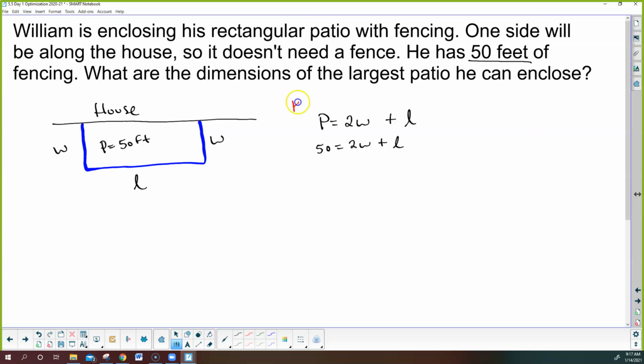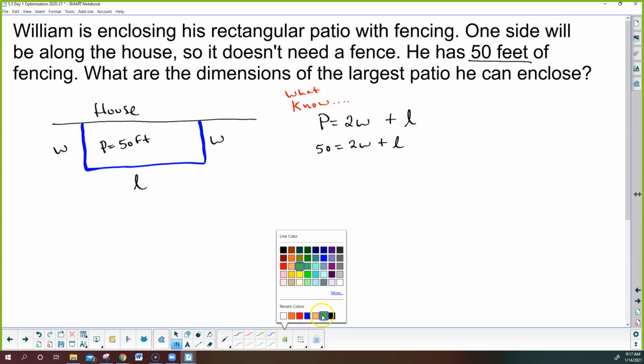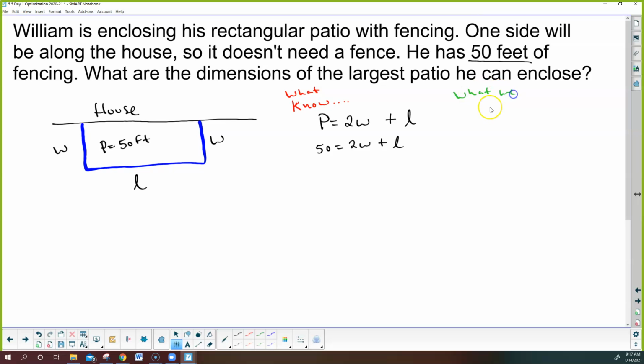So sometimes students like to think of this as what we know versus what we want. What we want are the dimensions of the largest patio he can enclose.